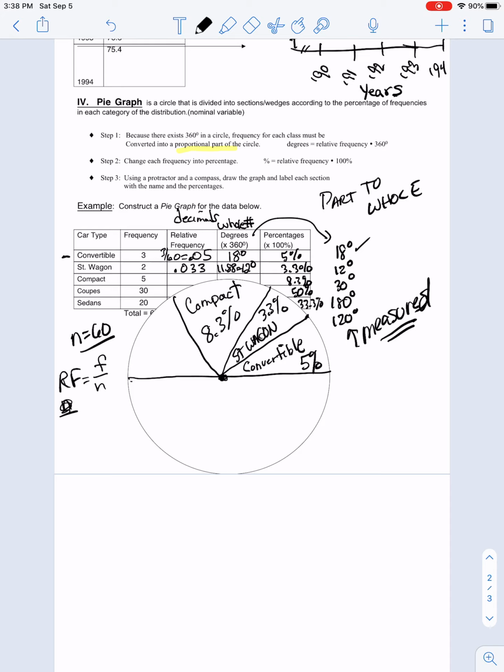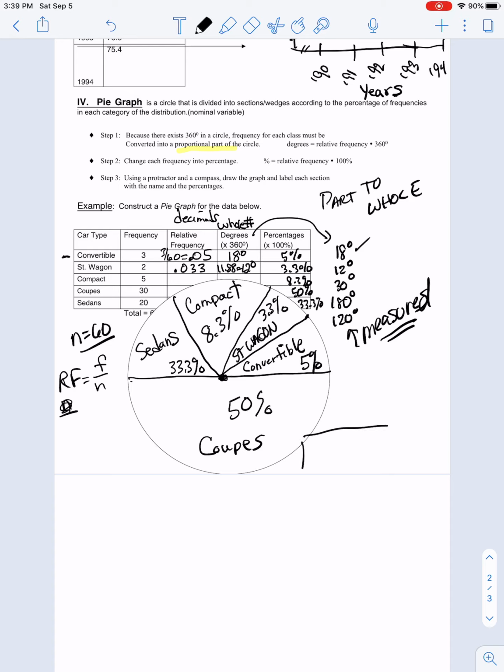Well, that's half the circle, so I'm just going to put it down here and put the word coupes. 180 degrees, which is 50%. So that must mean this other side over here is 33.3%, and that corresponds to sedans. Okay, so again, measure the degrees, we write the word, we write the percent.